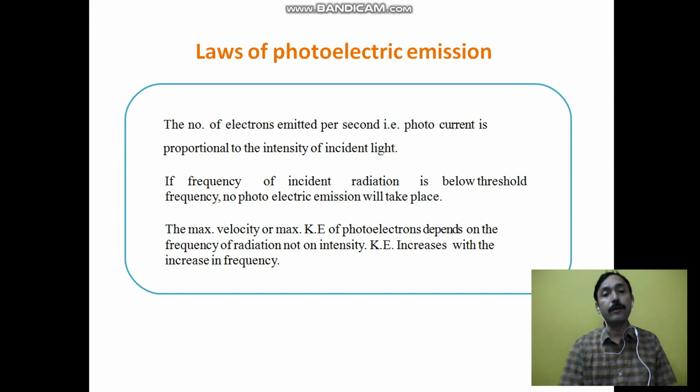The maximum velocity or maximum kinetic energy of photoelectrons depends on the frequency of radiation, not on intensity. Kinetic energy increases with the increase in frequency.